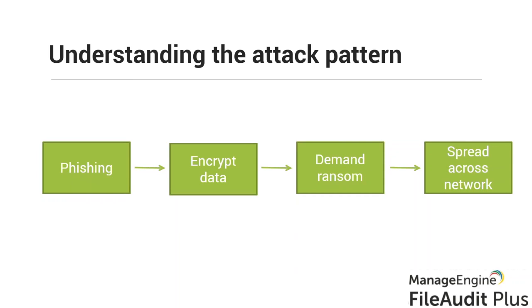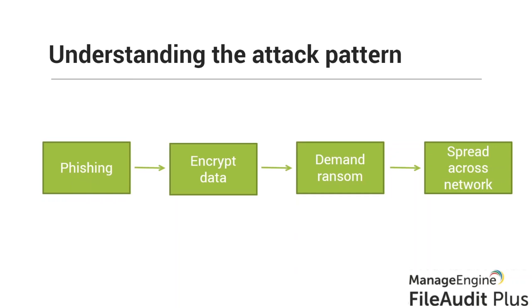It's malware plus worm. So not only does it encrypt data on that system, but it can also propagate across your network and quickly encrypt all your files, your shares, and databases and everything. This is how a typical attack pattern of ransomware would look.